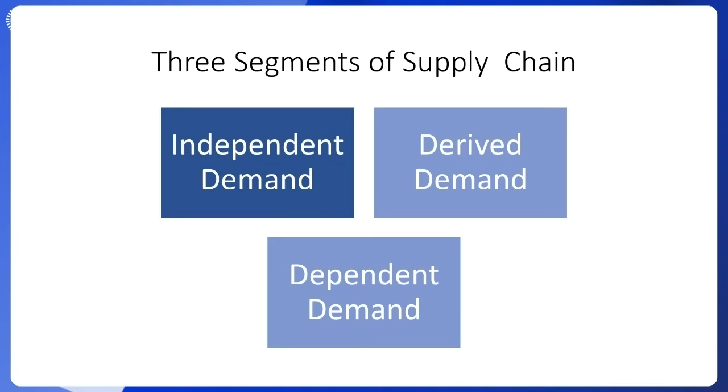Inventory in this segment is considered a short-term risk driven by concerns associated with sales velocities and forecasting. The second segment consists of intermediaries who receive derived demand coming from the aggregated demands of upstream channel entities.